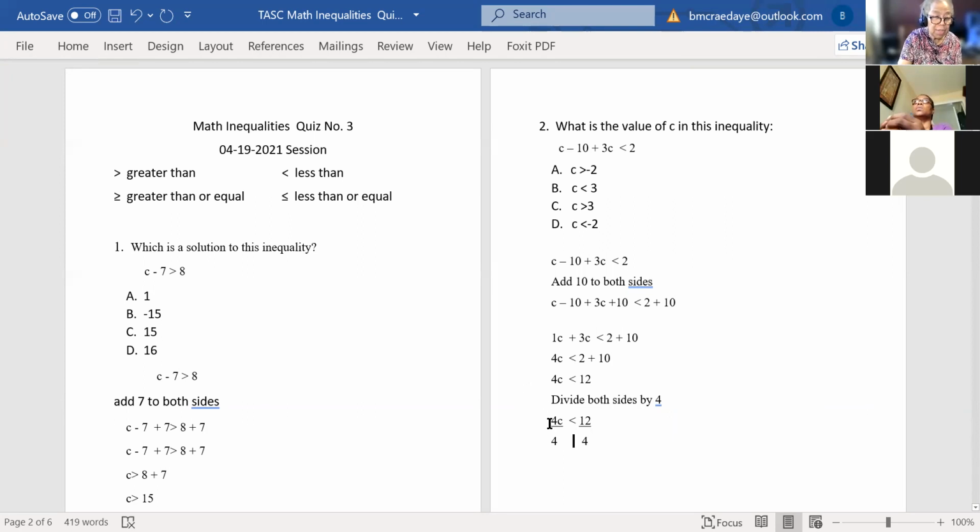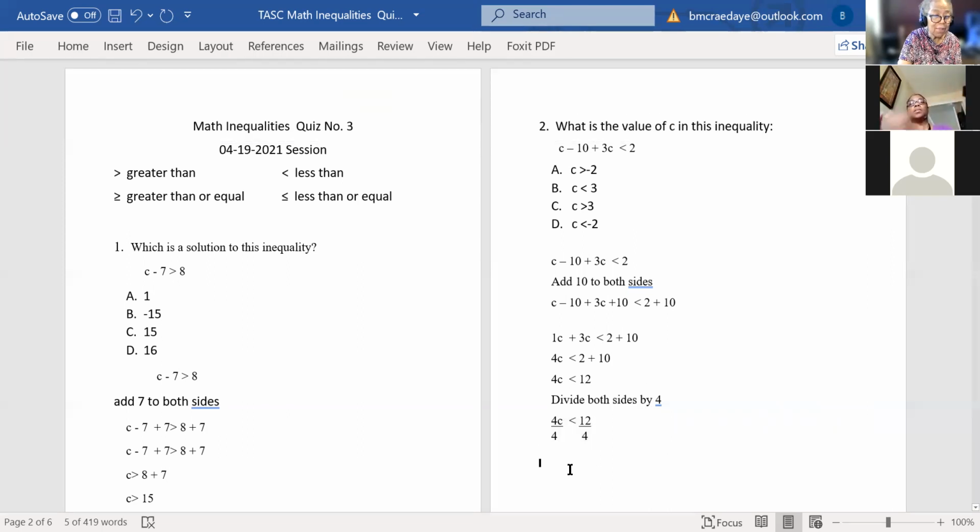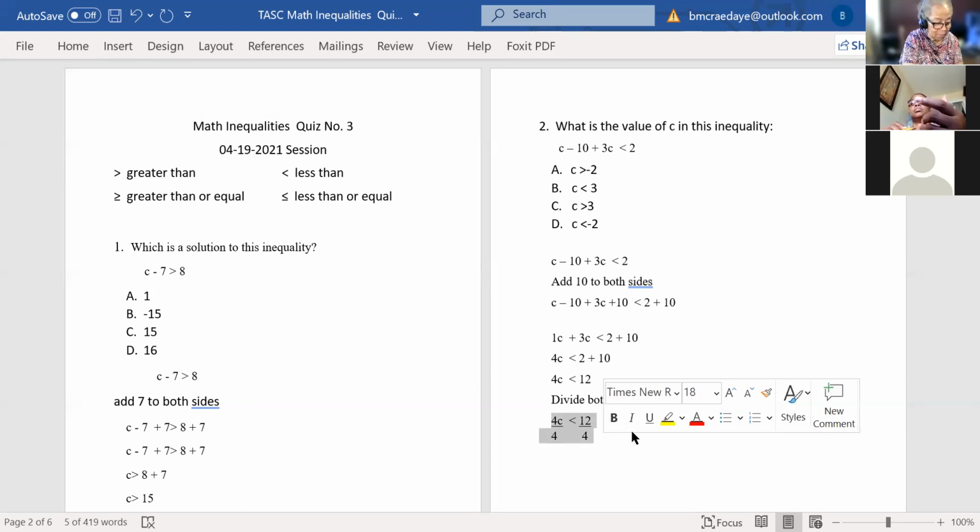And let's bring that a little closer so you see it's a fraction. Okay. Now, what do I get on the left side, Vanessa, when I divide a 4C by 4? C. That's right, because 4 over 4 is 1. So let's copy that. 1. And then put our C.